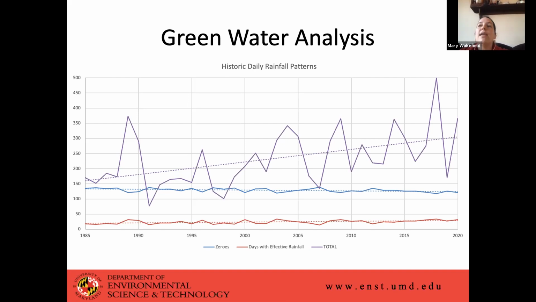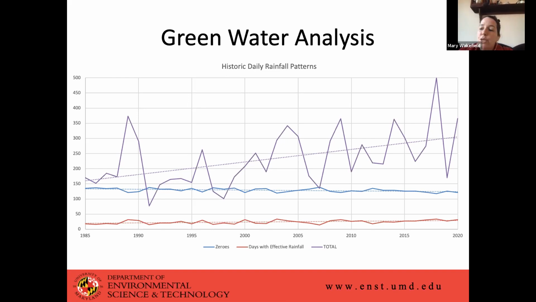And if you go back to the idea of effective rainfall, if your soil can only absorb 30 millimeters of rain on a 24-hour basis, if you get 1.2 inches or 3 inches or 5 inches, you're still only going to get that basic input every day. So even though we're getting more rain, it's not necessarily more effective rain.